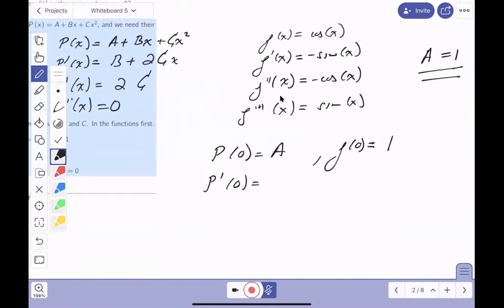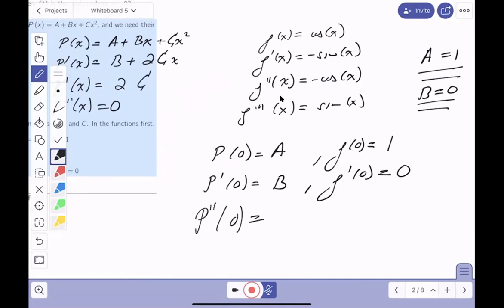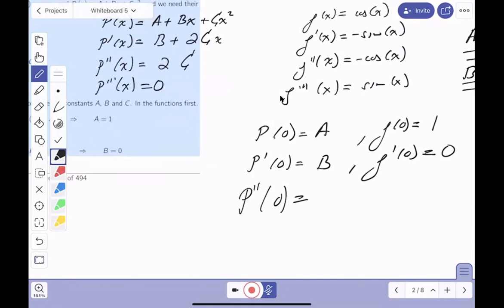What's that going to be? Just b, right? What's f prime of 0? Well, I'm looking at it. That's sine of 0. That's 0. So I know b is 0 now. Let's do p double prime of 0. This is tough, isn't it? Well, it's just 2c, isn't it?